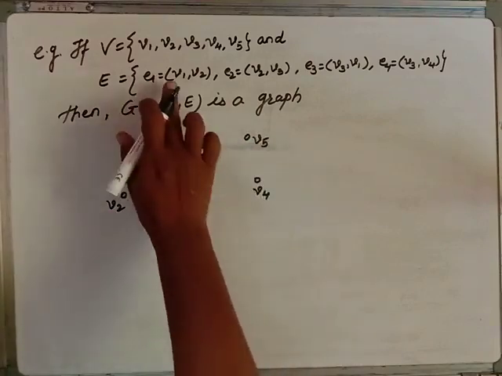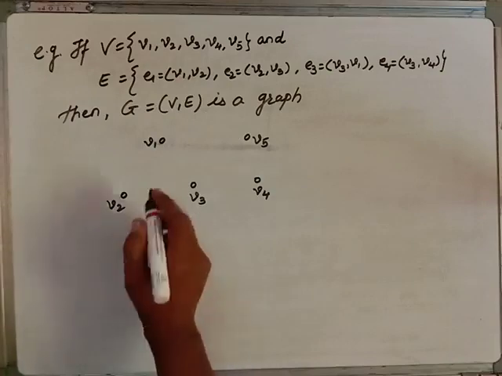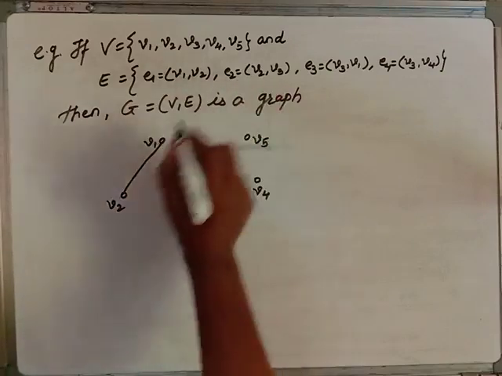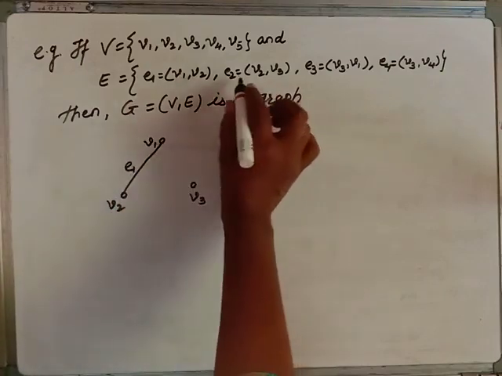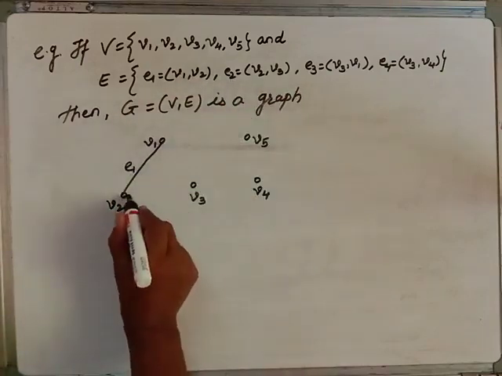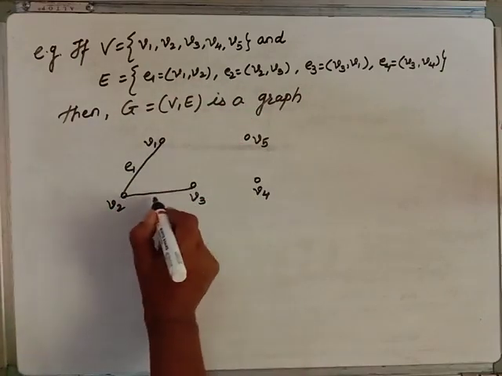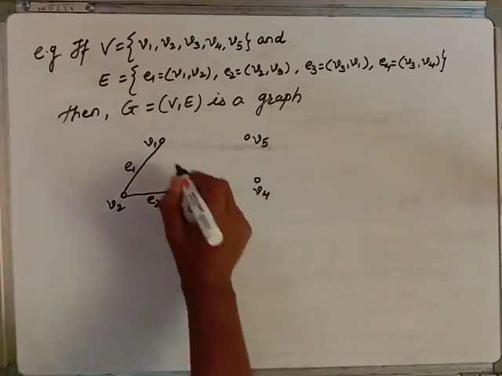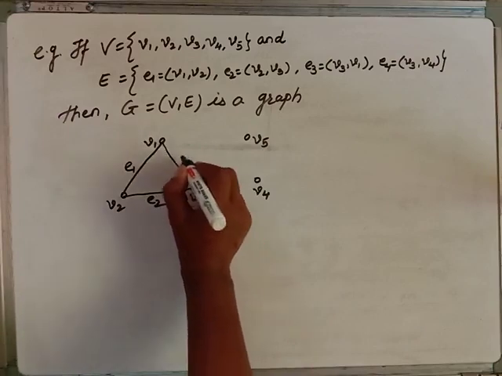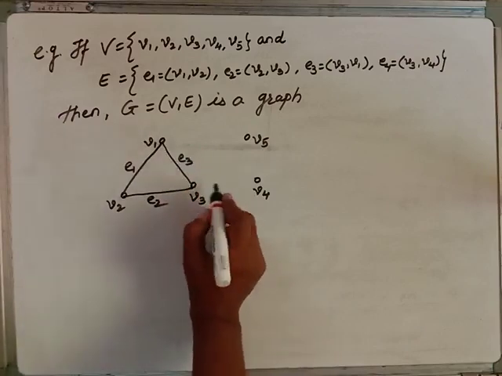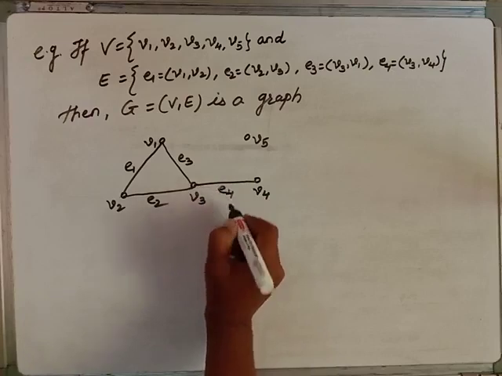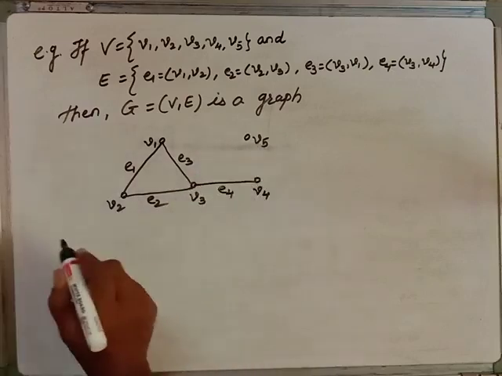E1 is between V1 and V2, so there is a line segment between them. E2 is between V2 and V3, E3 is between V3 and V1, and E4 is between V3 and V4.